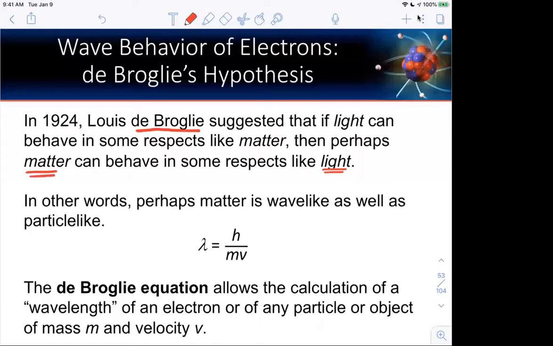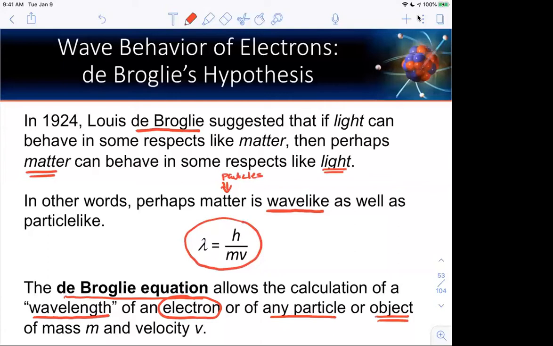So he wanted to see if maybe matter isn't just particles in nature, but maybe it has some wave-like properties. What he found is this equation, which is called the de Broglie equation. This allows us to calculate the wavelength of a particle. Usually we do this for electrons, but it could be any other subatomic particle.